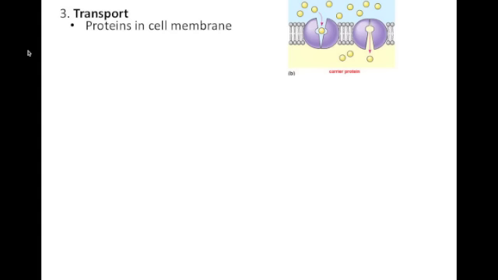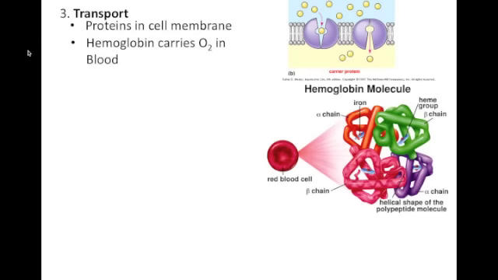So here's a little picture of a carrier protein that moves an ion across the membrane. Another example is the hemoglobin that we looked at before, and that is one that carries oxygen in the blood. There are 4 irons attached to that, and so iron makes an ionic bond to the oxygen and carries it until it gets to a place where oxygen is needed.